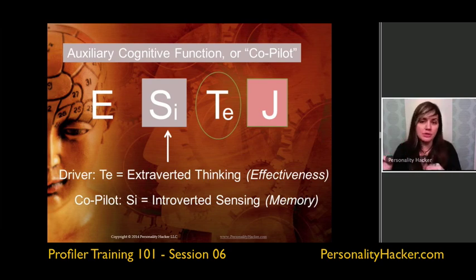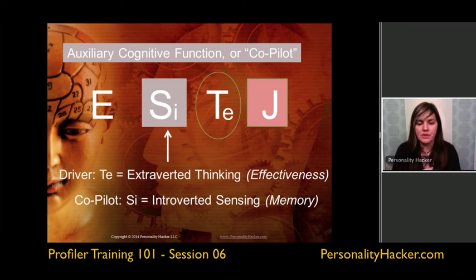And that means the auxiliary, secondary process is the co-pilot. In the car model, you think of the driver process as the one in charge, the one who technically has control over the wheel. It doesn't matter what anybody else says. They are the ones who ultimately end up calling the shots, and your dominant process is like that within you.